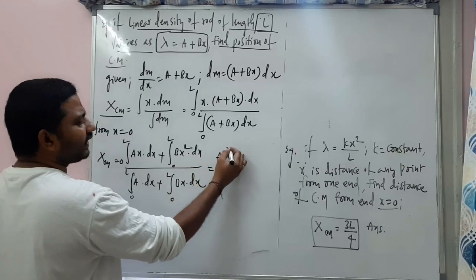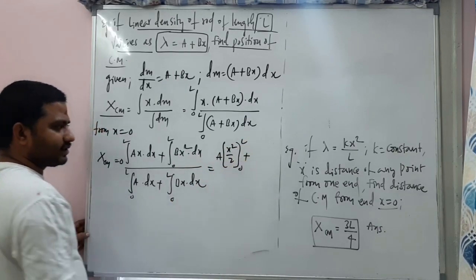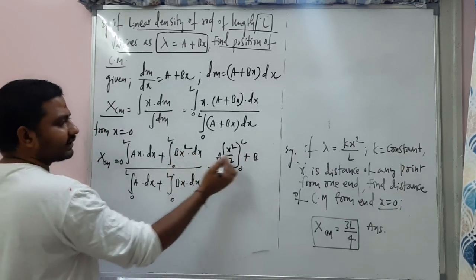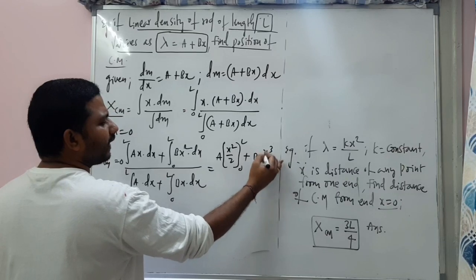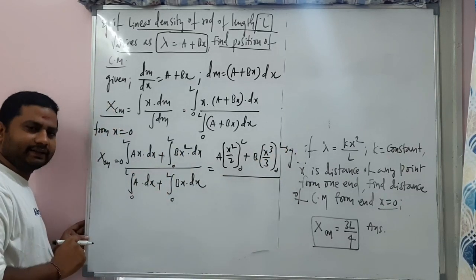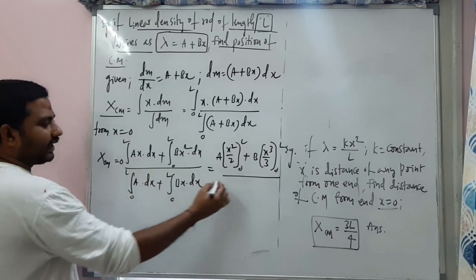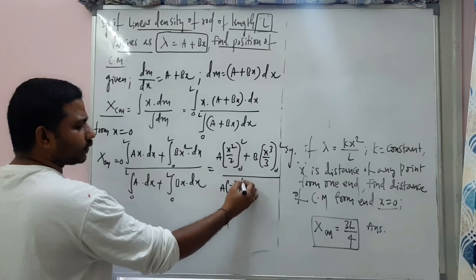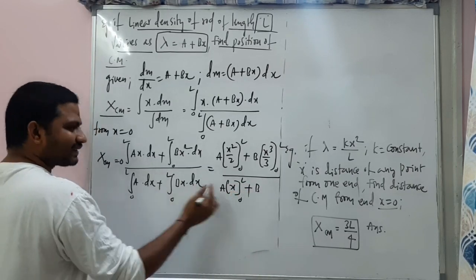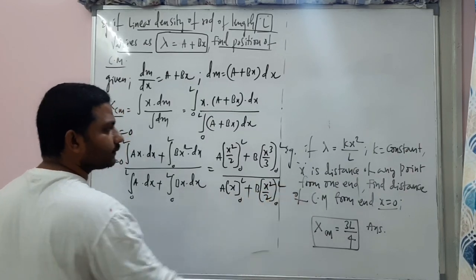Integral x dx gives x square by 2, 0 to L, plus b comes out, integral x square dx gives x cube by 3, 0 to L, divided by: a comes out, integral dx gives x, 0 to L, plus b comes out, integral x dx gives x square by 2, 0 to L. That's it.